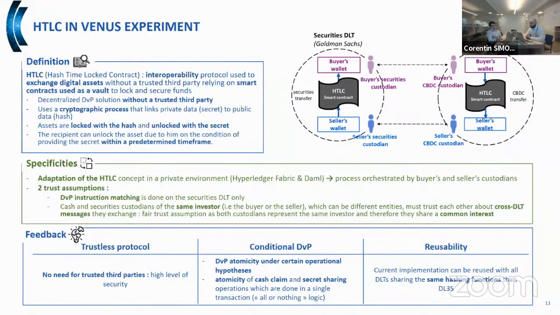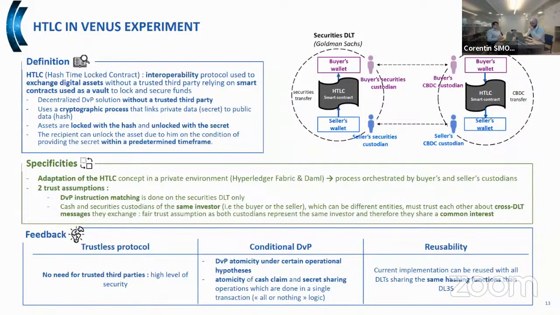One other important point that I have already mentioned before is that there is an atomicity of a cash claim and secret sharing operations, which are done in a single transaction with all or nothing logic. And if these two operations are not done in the same transaction, HTLC cannot work. I would say that this is the heart of HTLC.